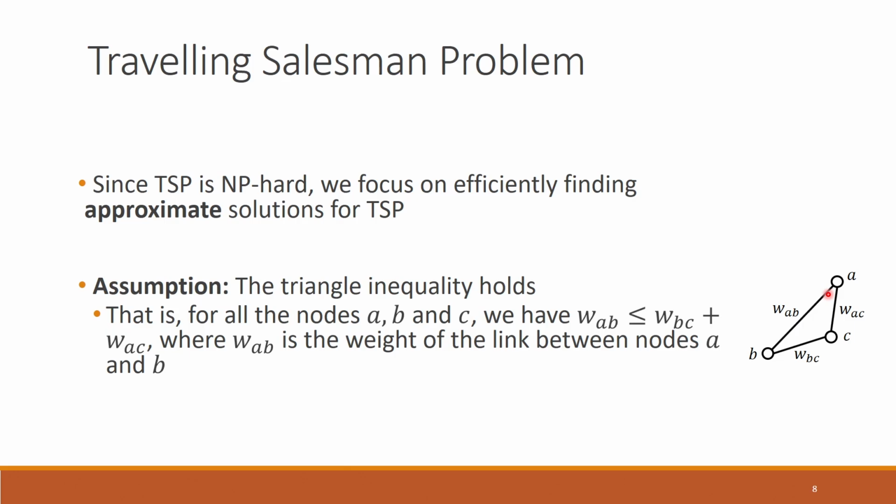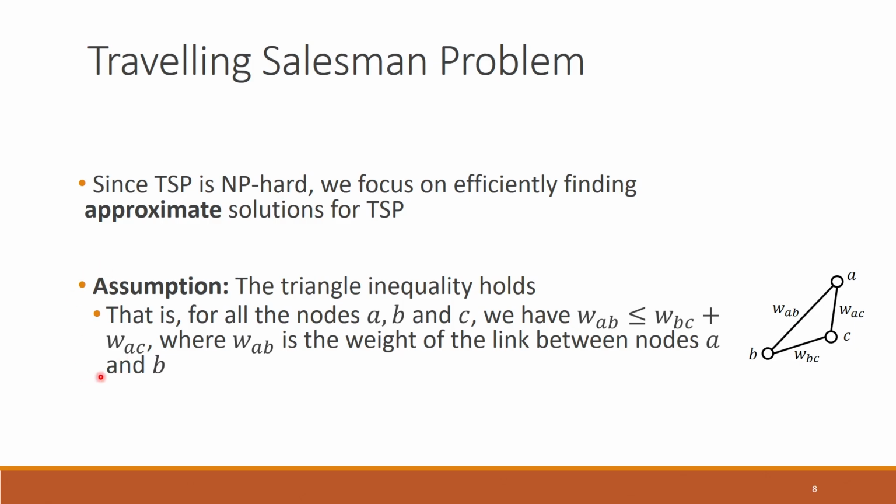We will be continuing this discussion of the traveling salesman problem in the next class. We will see what this approximation algorithm is all about. But keep in mind that the approximation algorithm we will introduce is based on the assumption that the triangle inequality holds.